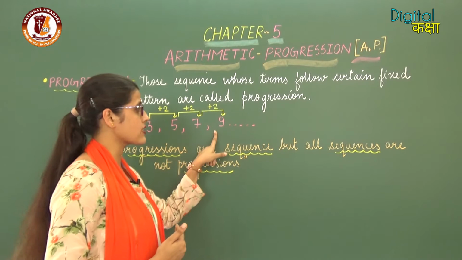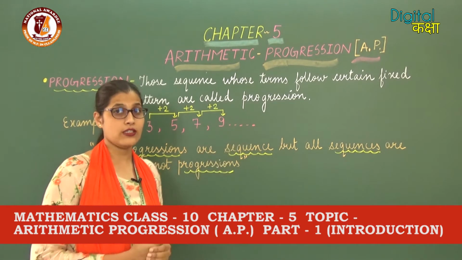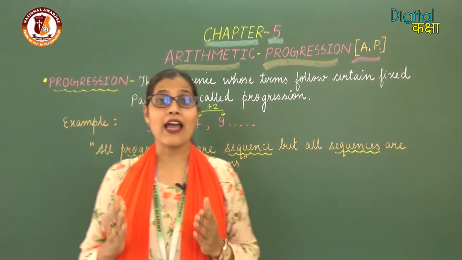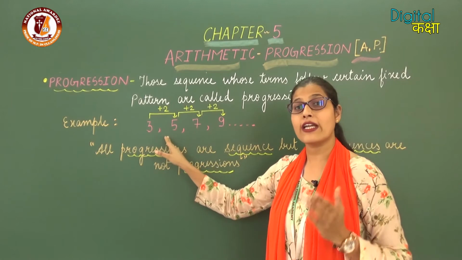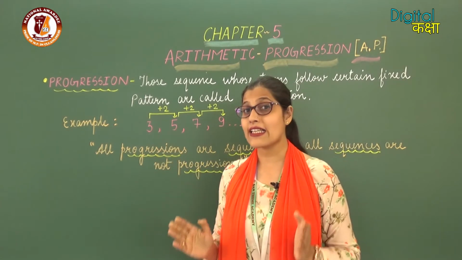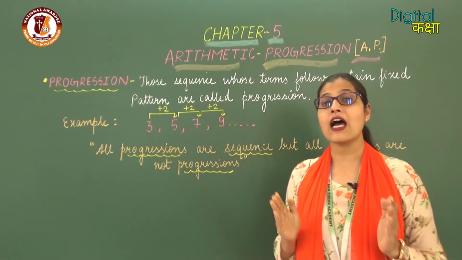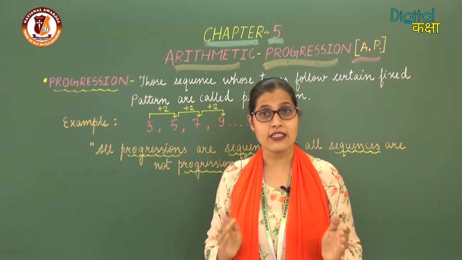On adding 2 to 7, we get the number 9 and so on. It means that we are adding a fixed value to the previous number to get the next term of the progression. Thus, we can say that progressions are the sequences which follow a fixed pattern.